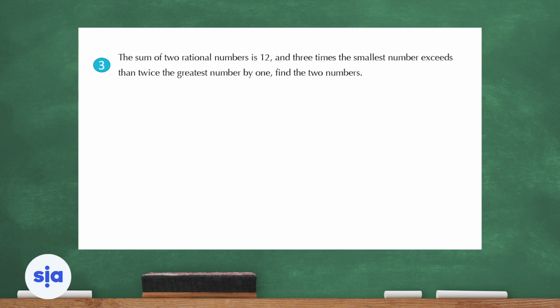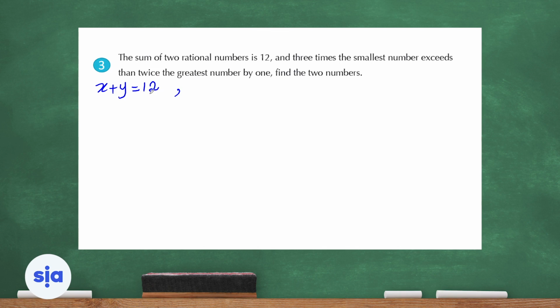The sum of two rational numbers is 12. Sum of two numbers is 12, so automatically x plus y equals 12. 3 times the smallest number exceeds twice the greatest number by 1. So guys, check here.